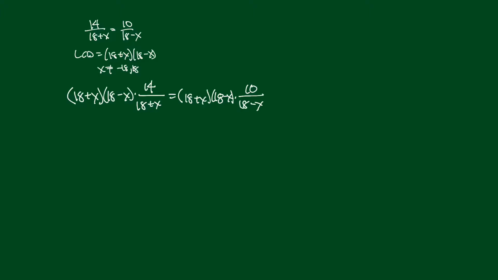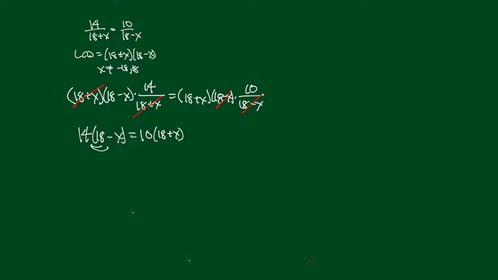And now we get some cancellations. The 18 plus x goes out, and we are left with 18 minus x times 14. So we're going to have 14 times 18 minus x equals, and on the right side, the 18 minus x's cancel, and we are left with 10 times 18 plus x. So let's multiply through.